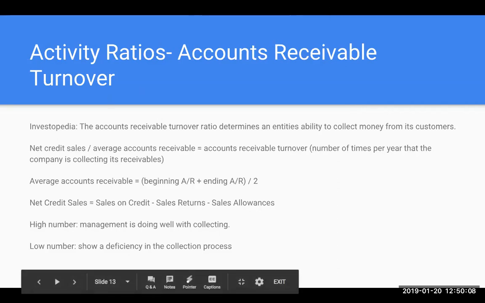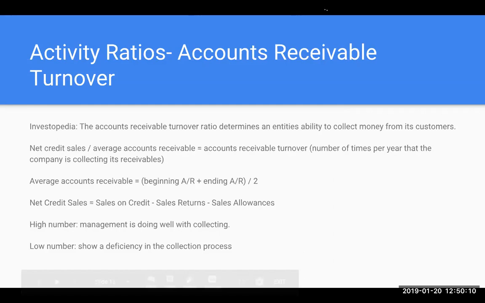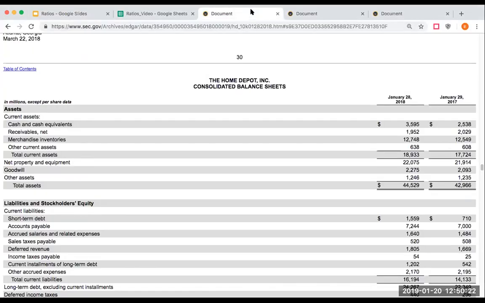So let's take a look at the companies. If I look at the accounts receivable turnover, is this something I should be doing with the Home Depot? My answer would probably be no, because receivables are so small for the Home Depot.